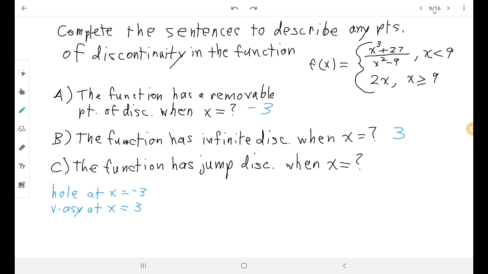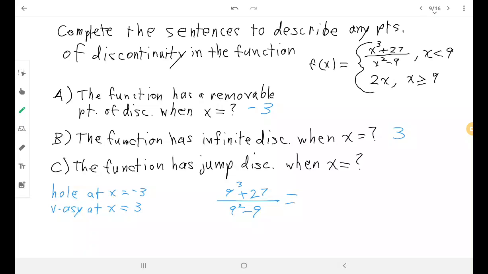And then let's see, okay, so we've got this weird value of 9 here. And so for one part of it, for the top, if we were putting in 9, we'd do 9 cubed plus 27 over 9 squared minus 9, and that's like some giant number, right?